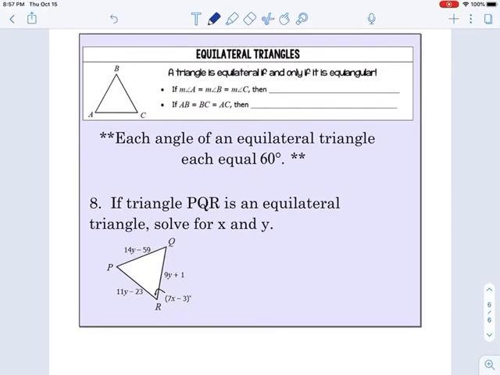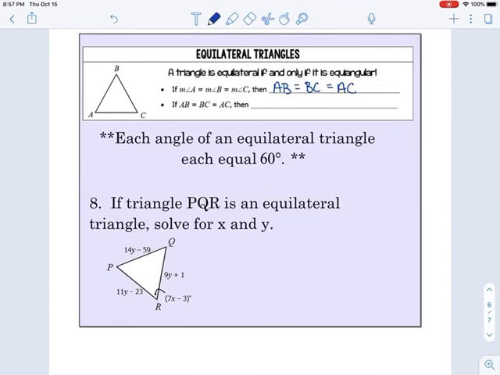Okay, and then for our equilateral triangles, again, I said this earlier in the video, if a triangle is equilateral, it's also equiangular. So if I know that angle A is congruent to angle B, which is congruent to angle C, then I can also tell you that AB is going to equal BC, which is going to equal AC.